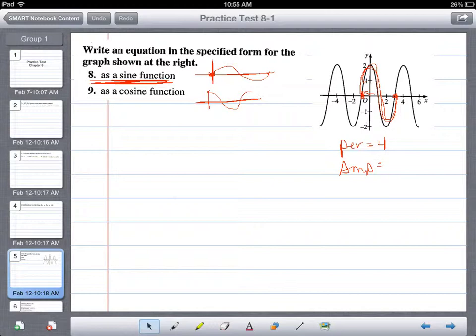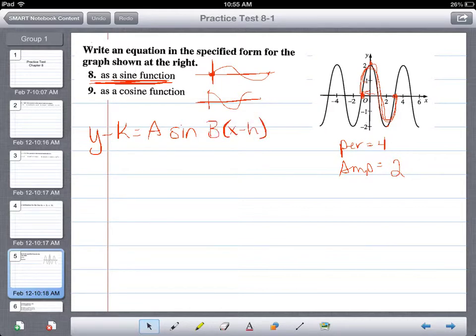Amplitude is pretty easy to figure out because it goes up to positive 2 and down as low as negative 2, so amplitude is 2. Remember, you take the maximum minus minimum, divide by 2, and you get 2 in this case. So this is y minus k equals a sine, or we'll get to cosine here, of b times x minus h.